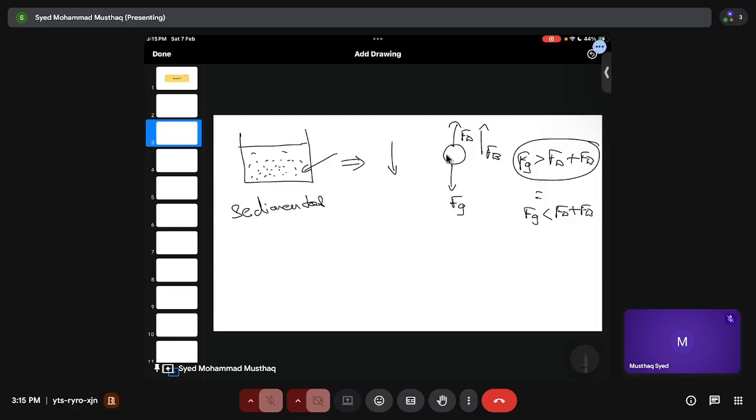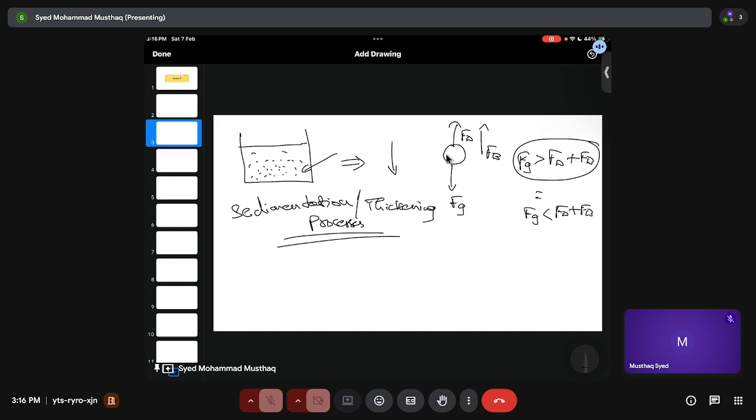We even call sedimentation a thickening process. The settling rates of particles in a fluid are governed by different laws.